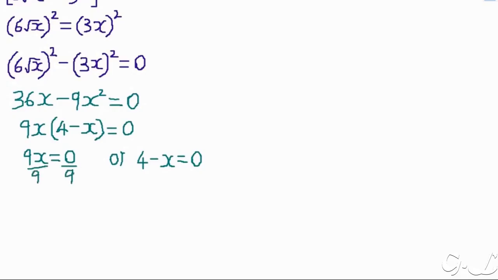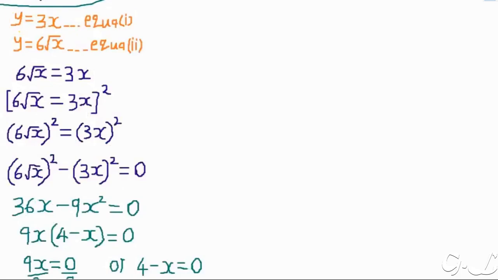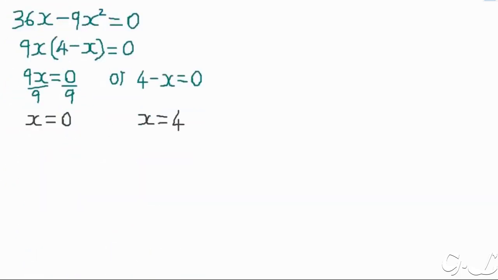So we're going to divide both sides by 9. So the first part, x is equal to 0, or x is equal to 4. So we have two parts: x is equal to 0 and x is equal to 4.